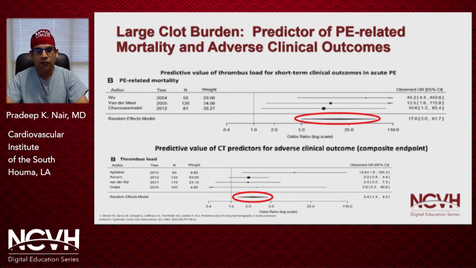Sometimes we can see a lot of thrombus within the pulmonary arteries, yet they have limited symptoms. But what we have seen in studies is that the higher the thrombus load, the higher the risk of mortality, which is an issue that yet has to be adjudicated in clinical trials and into our guidelines.